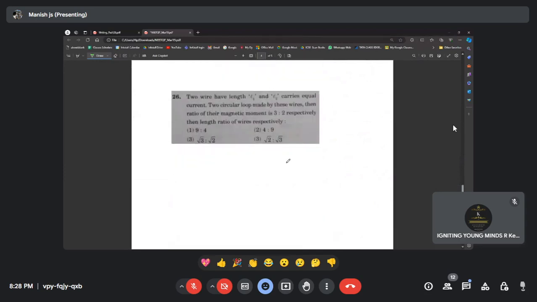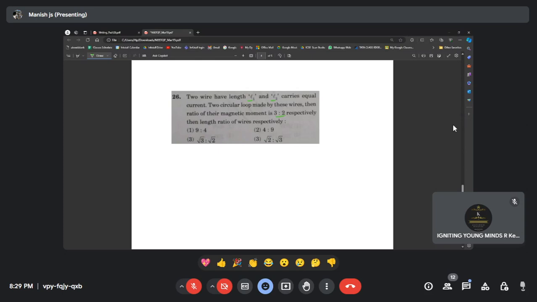Okay, question number 26. Fine. So here in this question you can see that there are two wires of length L1 and L2 carrying equal current. Two circular loops are made by these wires, then the ratio of their magnetic moment is 3 is to 2.